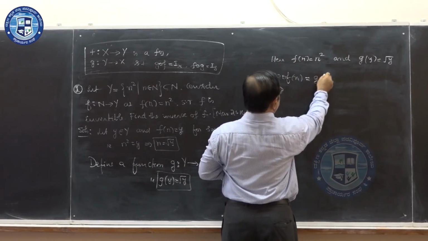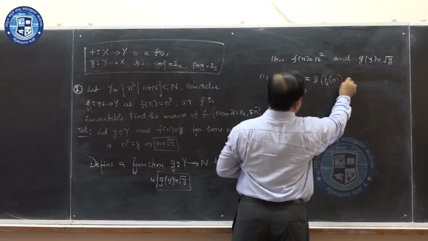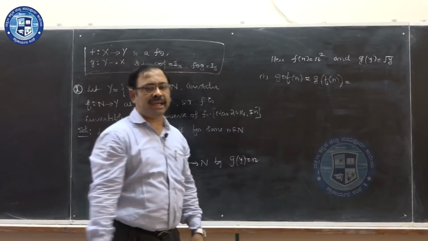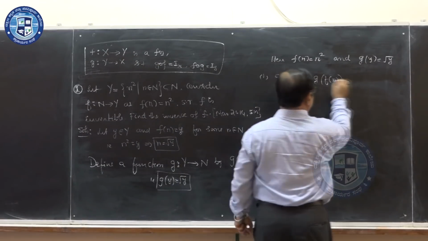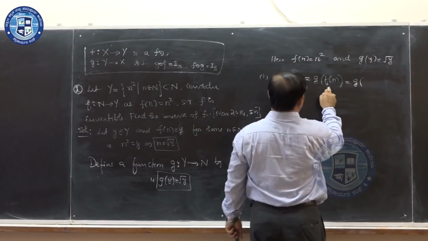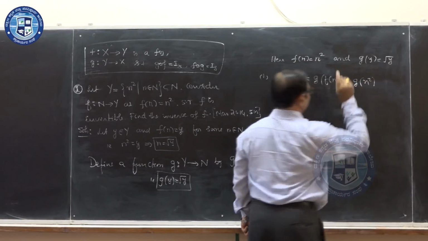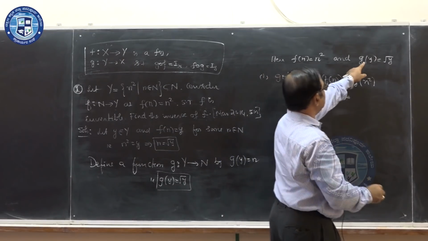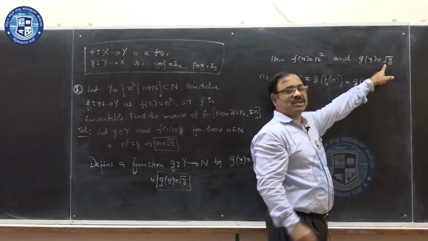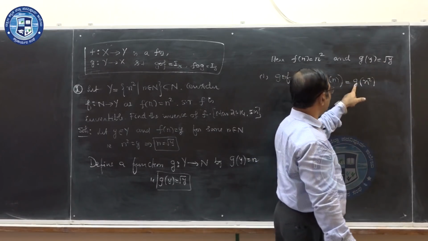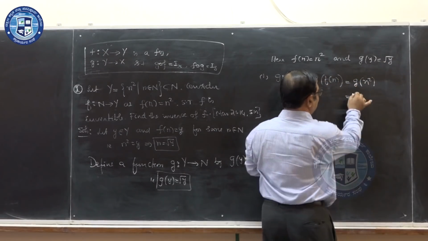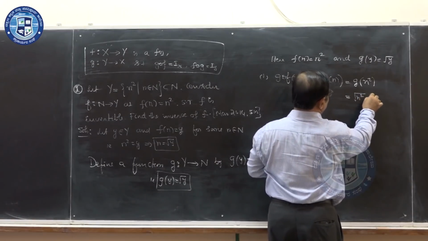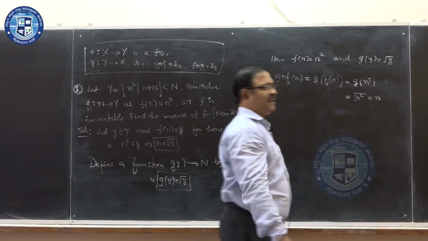This is g of f of n, that is g of n squared, which is root of n squared, that is n.